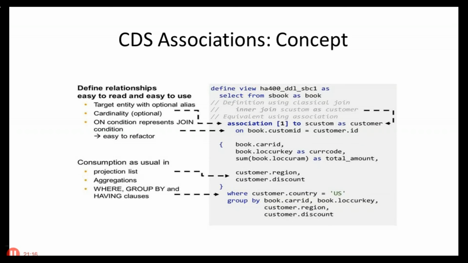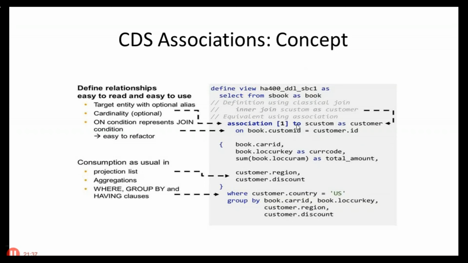So it is easy to refactor. Consumption is as usual in the projection list, aggregations, with WHERE, GROUP BY and HAVING clauses. We have this: SELECT FROM sbook AS book. Here we are giving an alias name for the table name; sbook is renamed as book.